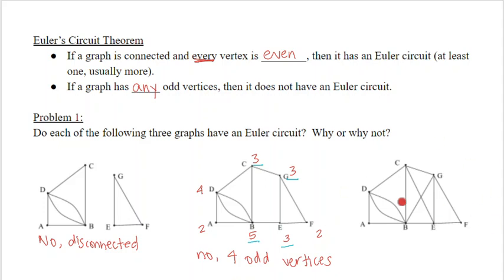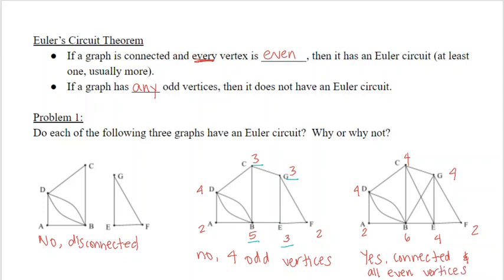Let's check this last graph here. The degree of each vertex, this is 2, 4, 4, 4, 2, 4, 6. So yes, we have a connected graph, and we have all even vertices.